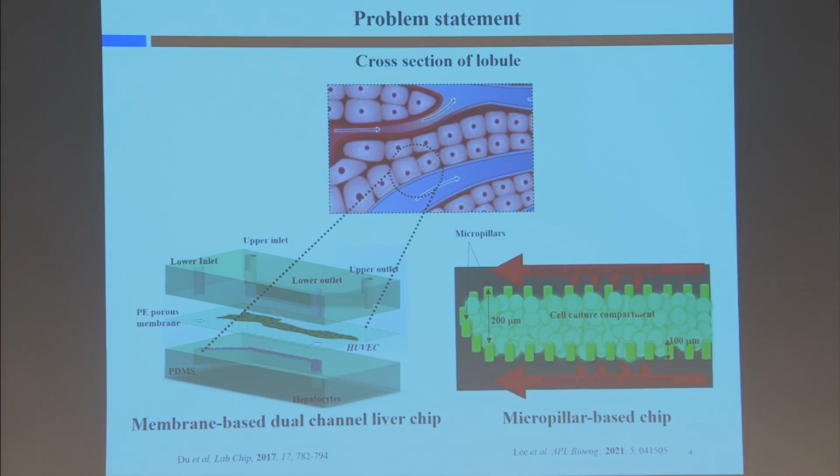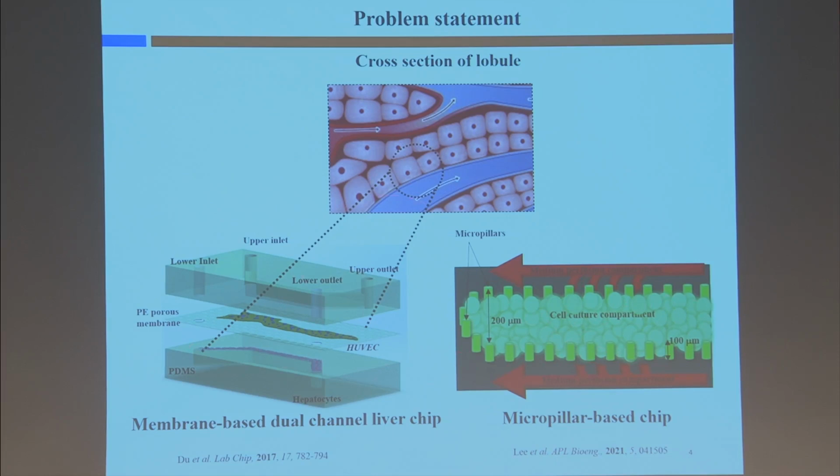So these microporous membranes are separating the two cell types, and the microporous membrane in the bottom channel protects the hepatocyte cells from the shear stress of flow, and also the mass transfer happens through the pores. Similarly, in the micropillar based chip, the flow can be introduced between the spaces of the micropillars, and that's how they protect the hepatocyte cells from the shear stress of flow.